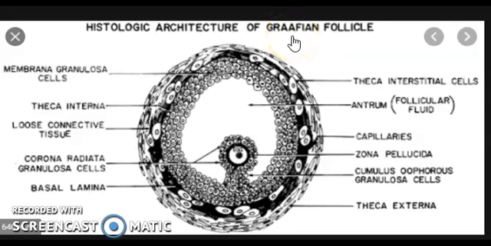Structure of the Graafian follicle. This Graafian follicle is a mature ovarian follicle. An eccentric secondary oocyte is surrounded by a non-cellular layer called the zona pellucida, secreted by the vitelline membrane of this oocyte.